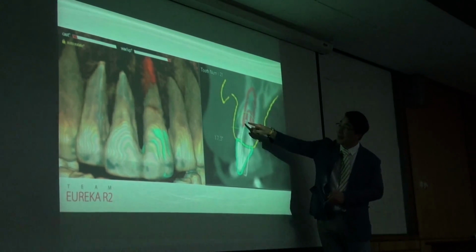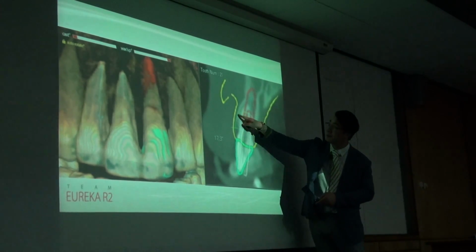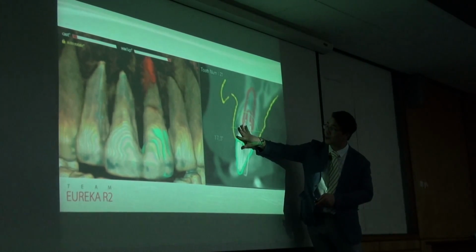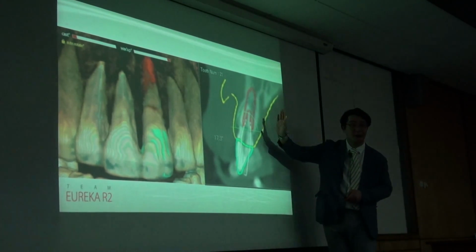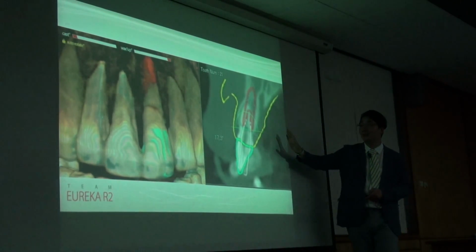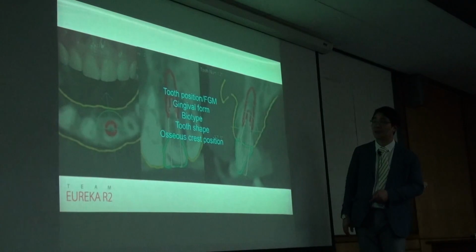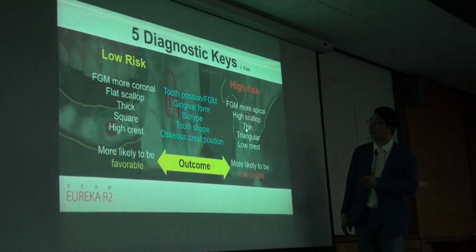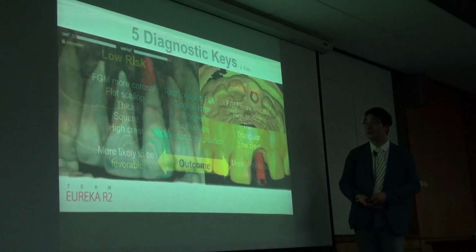I can see there are some gaps, but this patient has thick bone and thick gingiva. The gingival height is good. So after placing the implant, I put in some bone particles in the gaps. This is my strategy. As you can see in these pictures, based upon these 5 diagnostic keys, if I place the implant in the right position, we will make a favorable result.